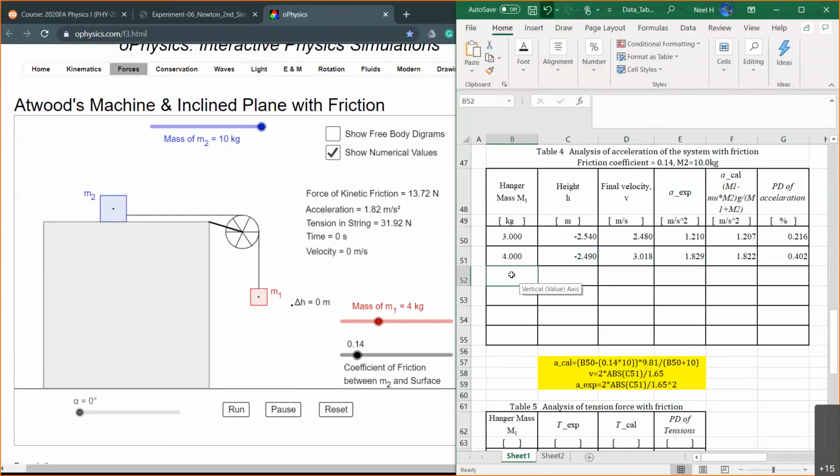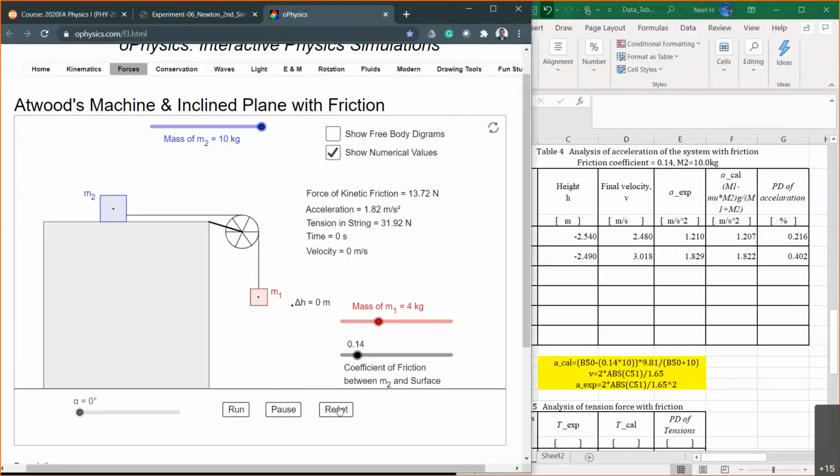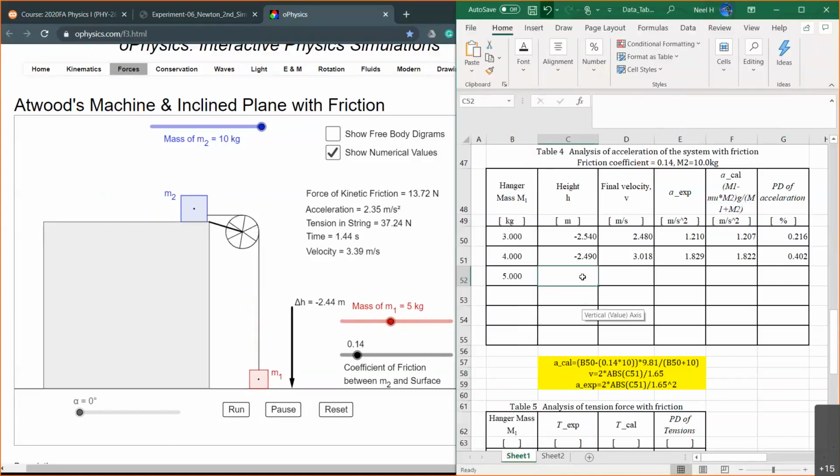Right, so let's continue. Hanger mass 5 kilogram, reset, 5 kilogram, click run, wait until it finishes, and the height is now minus 2.44. Then velocity equal sign 2 times ABS, parentheses, height, divide by the time, 1.44. And the acceleration experimental equals 2 times ABS, parentheses, height, divide by time, 1.44, to the power 2.